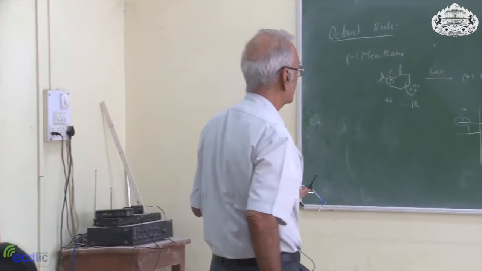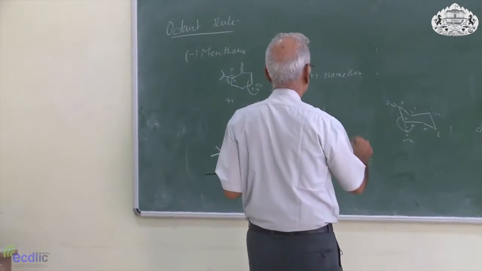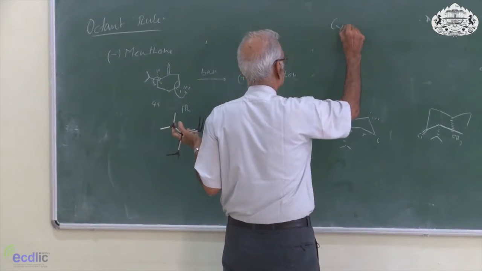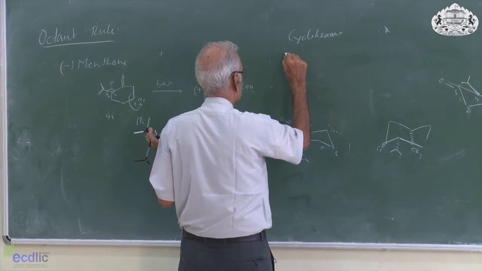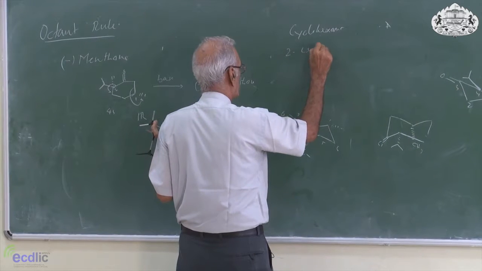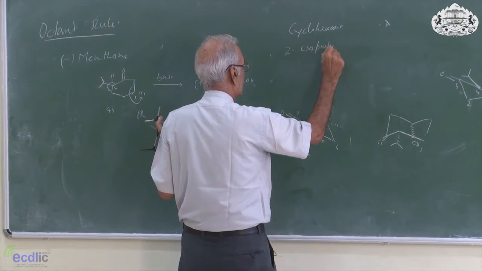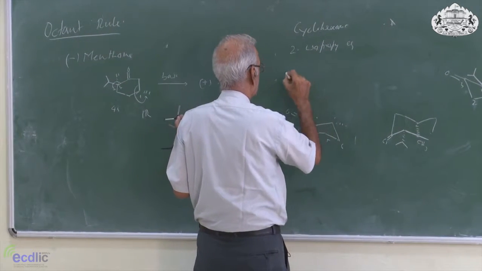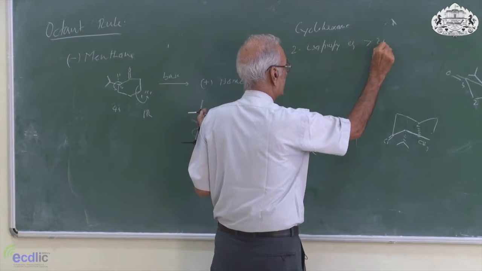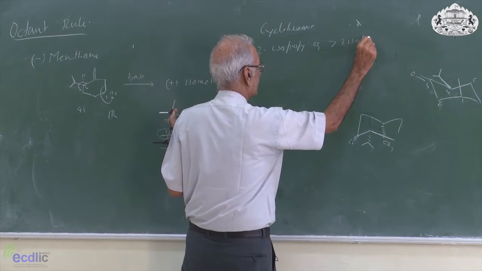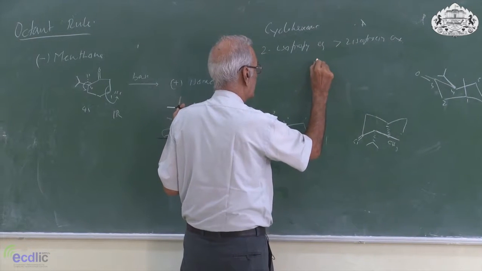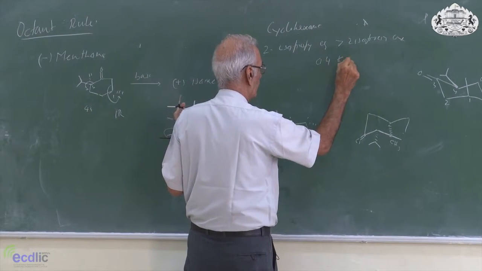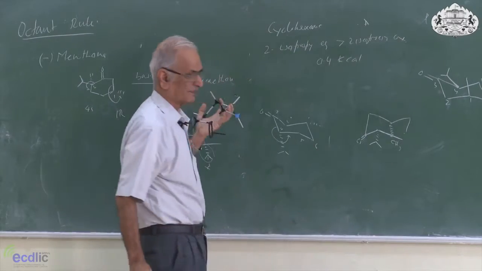So, in a cyclohexanone, 2-isopropyl equatorial is more stable than 2-isopropyl axial by only 0.4 kilocalories.